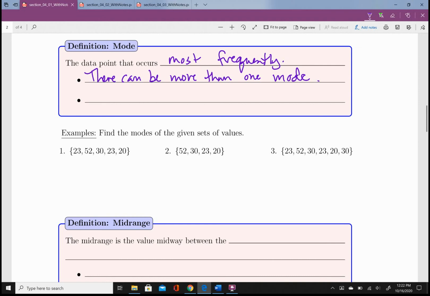Well, since it's an equal number of repeats for the repeated values, then both of those values that are repeated would be the mode, provided that there wasn't any other value that was repeated more times than that. But there can also be no mode, if each observation is distinct.